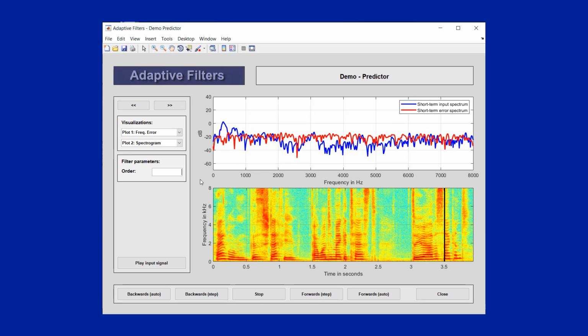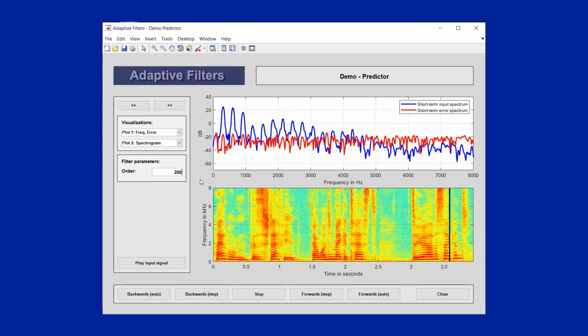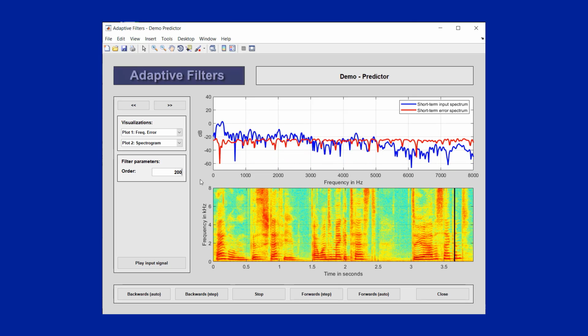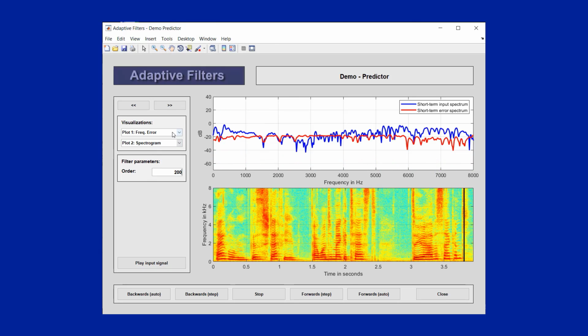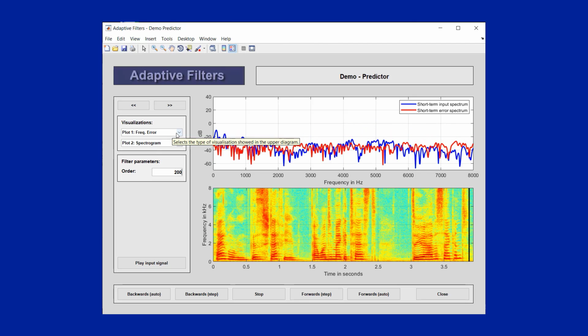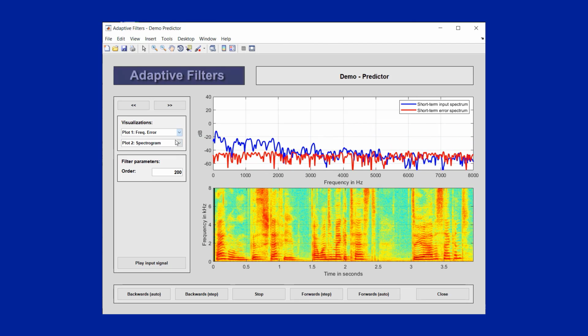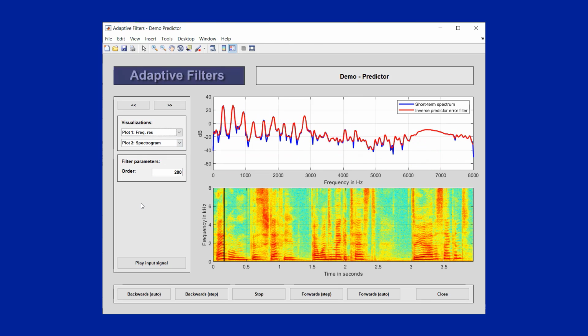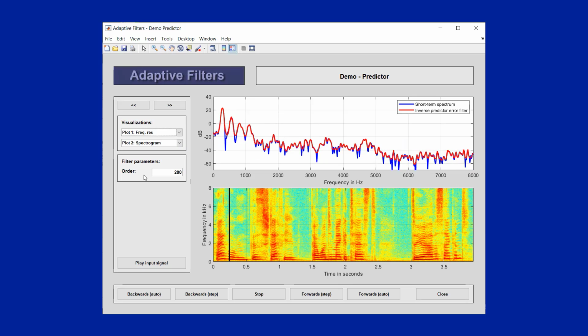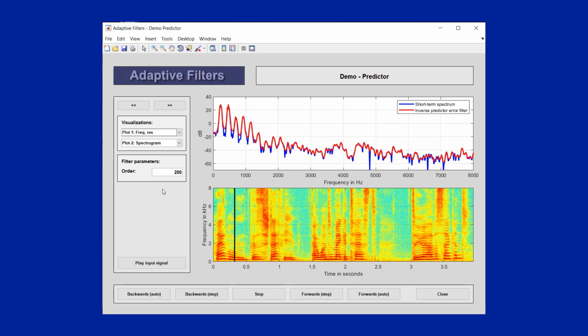Maybe let me go to 200. Yes, now we see here that our error signal has less of the fine structure of the pitch period. And of course, if I go to the frequency response, we almost match the entire signal here by just our filter, and we can reverse it.